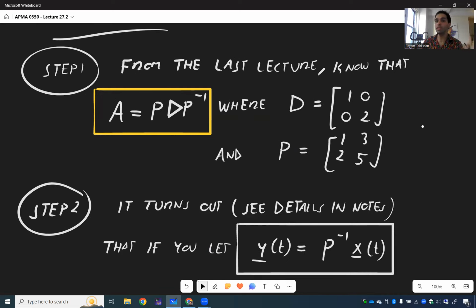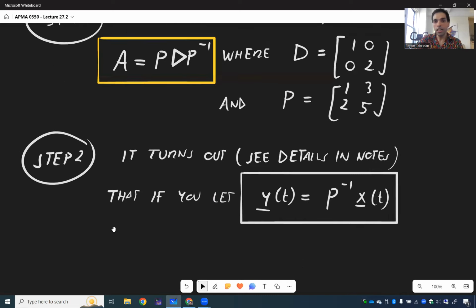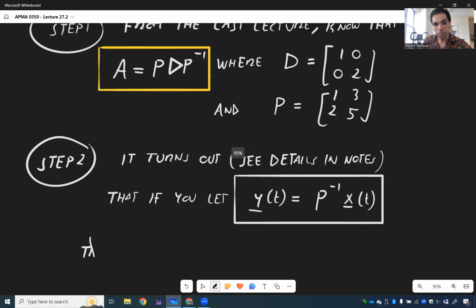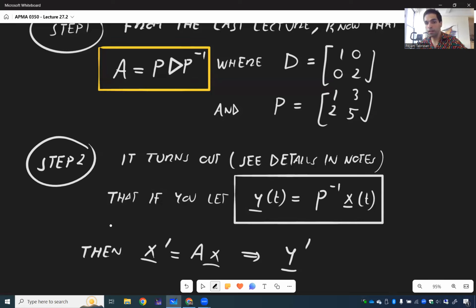And there's a reason we need P inverse, because then it'll make x easier to solve. Then, if you write the differential equation x prime equals Ax, it just becomes y prime equals Dy.